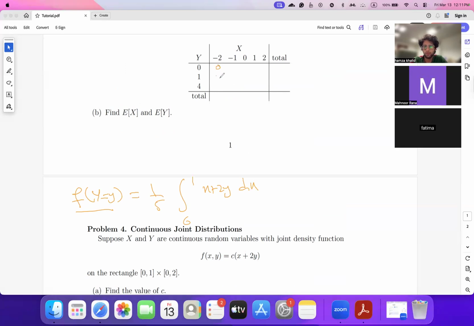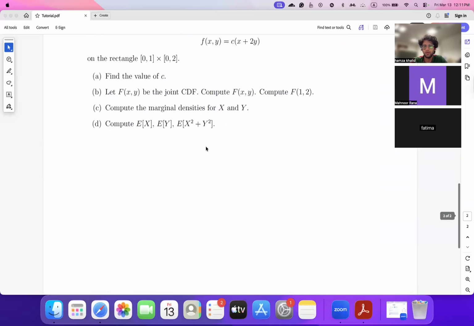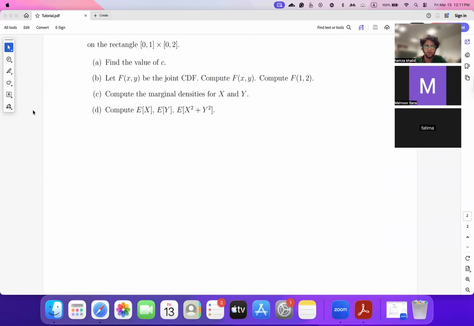Whatever those were, 0, 0, and some 1 by 5, right? So these were getting added up and you got here 1 by 5. Do you understand that? I was adding all of these, just like I'm doing here. The difference is that this was a discrete case and here it's the other case, which is continuous.